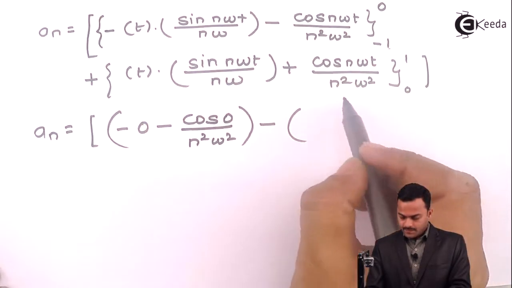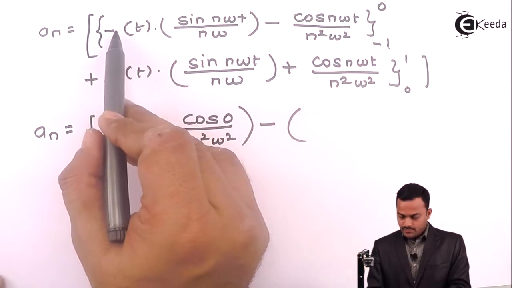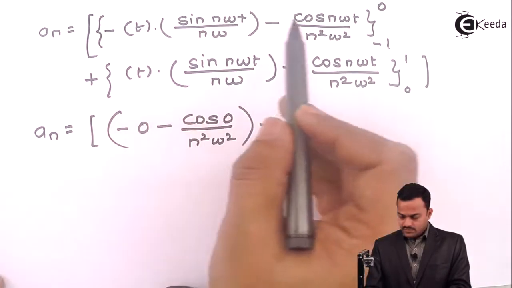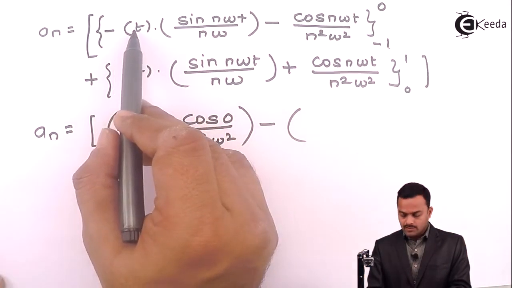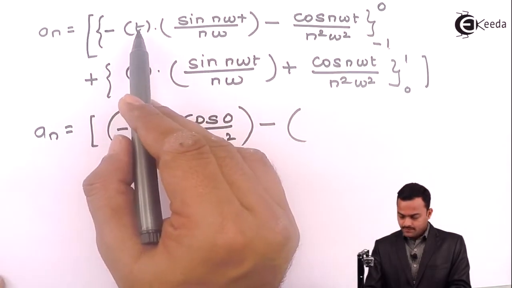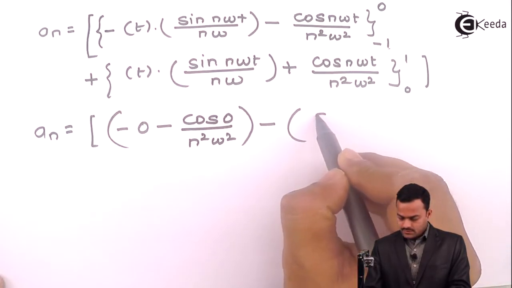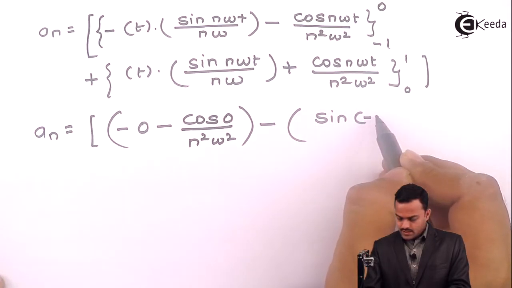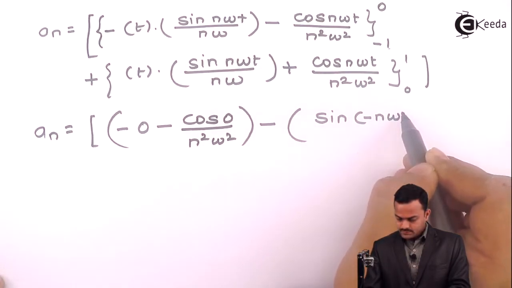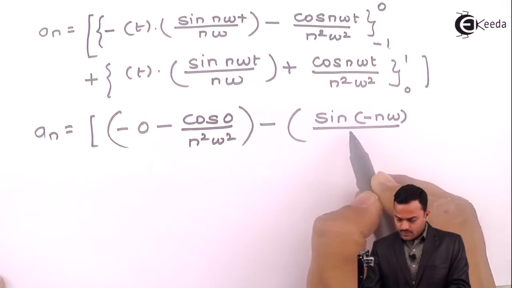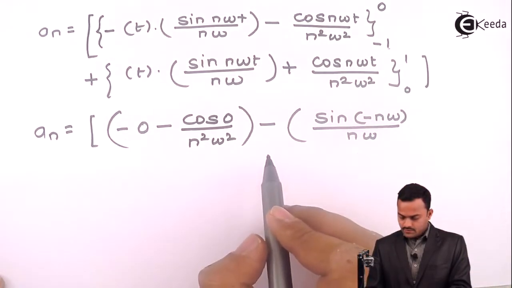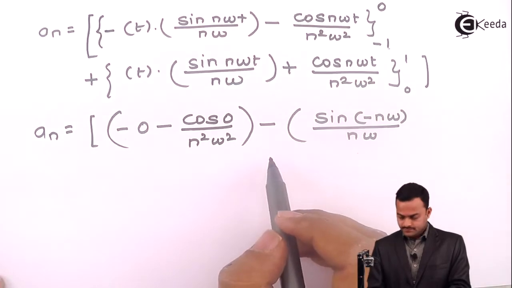If I apply over here, already minus is there, with one more minus 1 it will become a plus 1, and here it is sine minus n omega upon n omega we will get.